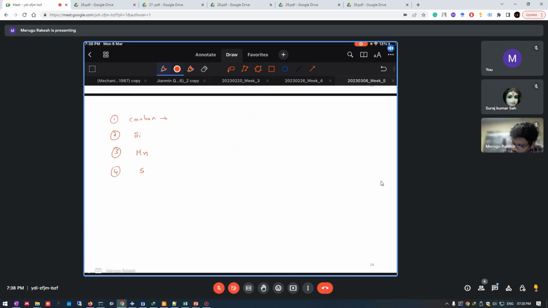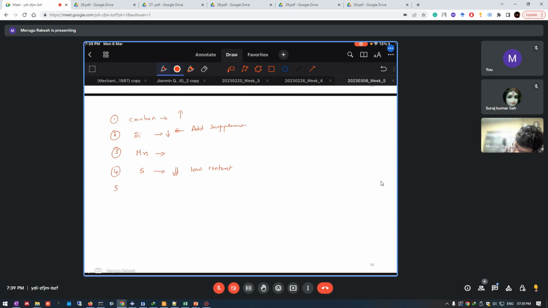Okay, so carbon will increase since the coke is directly in contact with the iron. Then silicon will get decreased, so we have to add a supplement for this. Similarly, manganese. This sulfur, we have to see that low content is present, so that it will not deteriorate the mechanical properties of this iron.